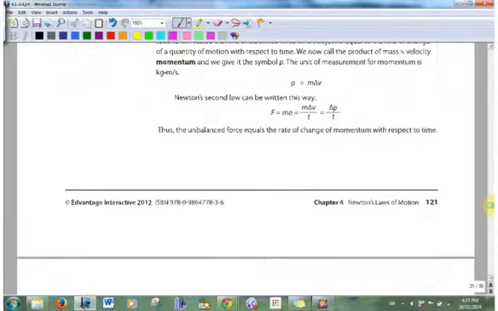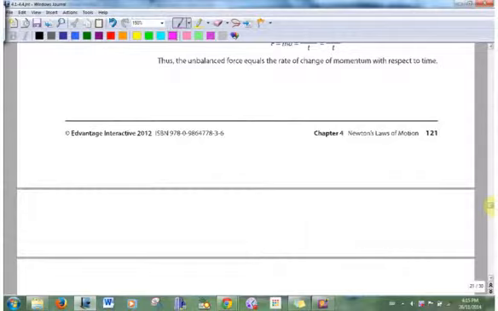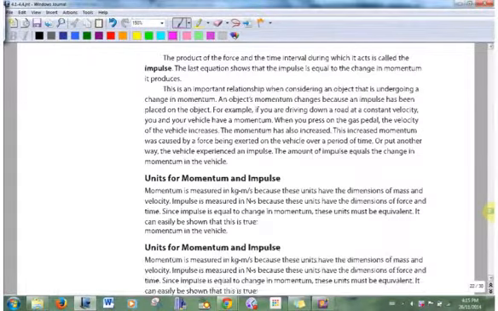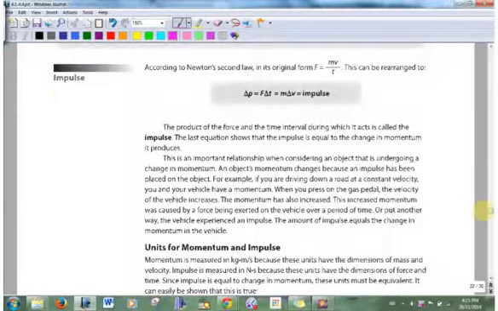Look at a couple of examples. I guess we'll do this first. Impulse is known as the change in the momentum.